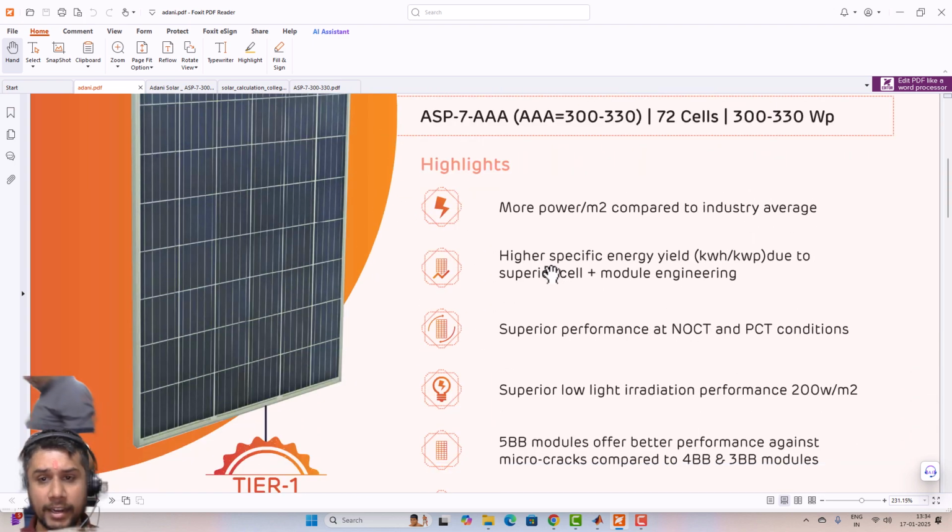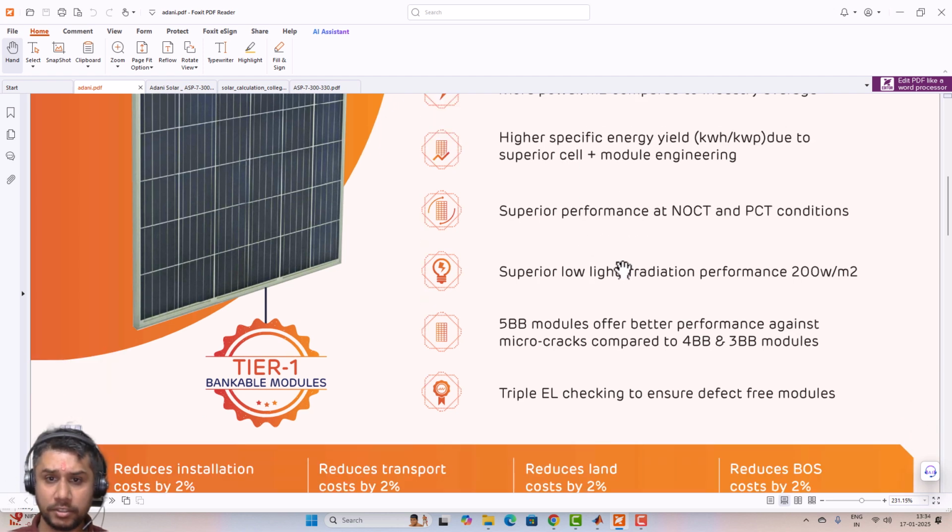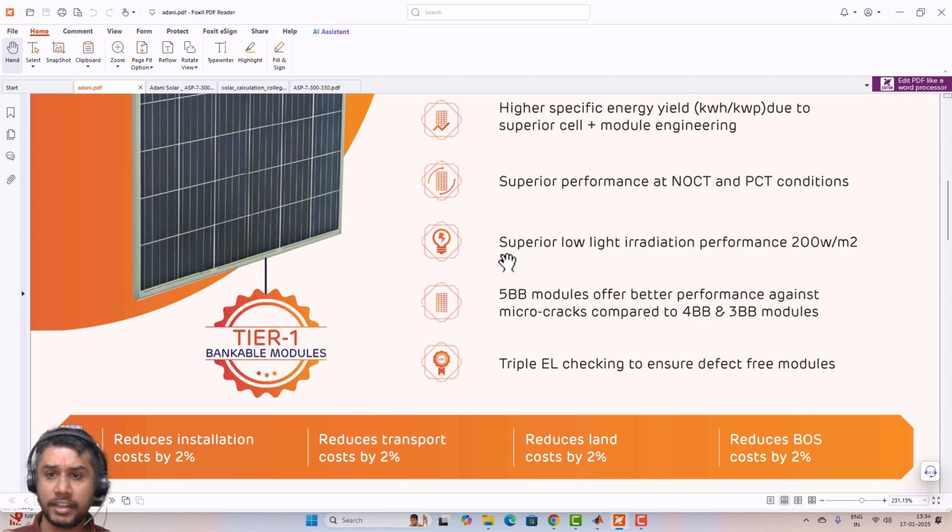These are some highlights or specifications, or required company specifications. It can work superiorly at low light irradiation, and the performance is comparable and good for the 200 watt per meter square value.